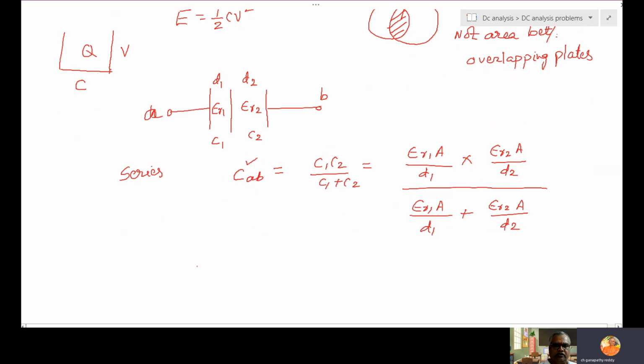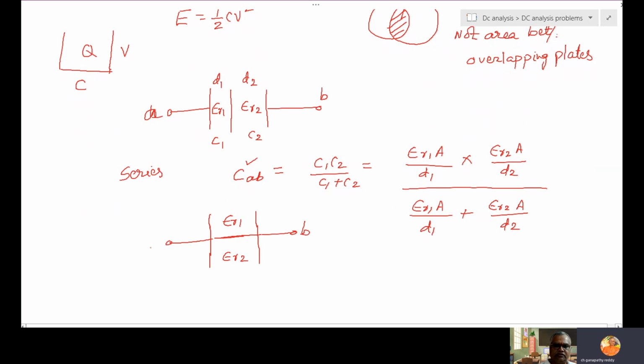So how do you connect in parallel? Next connection is parallel. So there is a dielectric constant here epsilon R1, here epsilon R2.